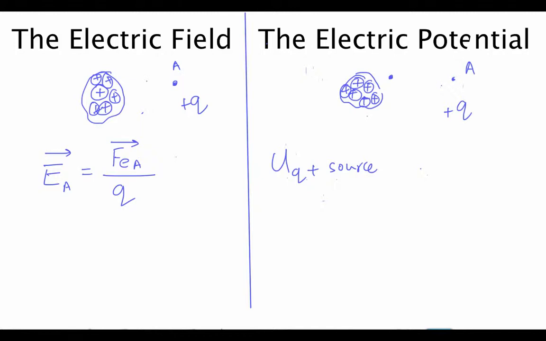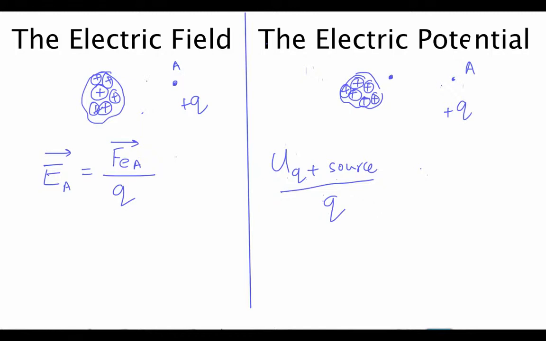If you calculate that electric potential energy per unit charge, that means you simply divide the electric potential energy by the charge you brought in, you get the amount of work done, or the amount of potential energy per unit charge. If you know the potential energy per unit charge, you can immediately find the total potential energy of the system plus that charge Q just by multiplying it by the charge Q.